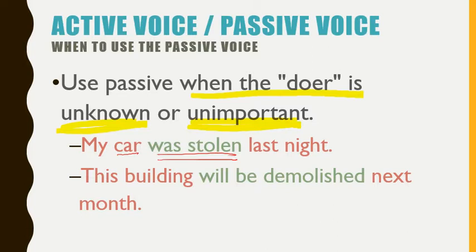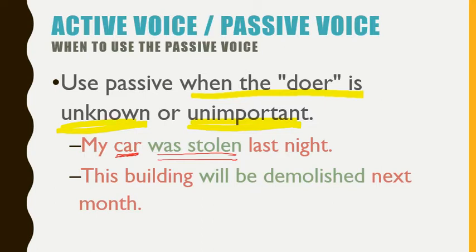So in cases like that where the subject is unknown or it's unimportant, we would start the sentence with the car, and the message of what I want to convey through the sentence is that it was stolen, not so much about who did it.